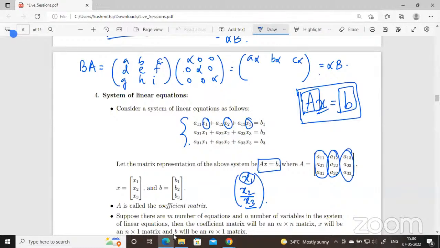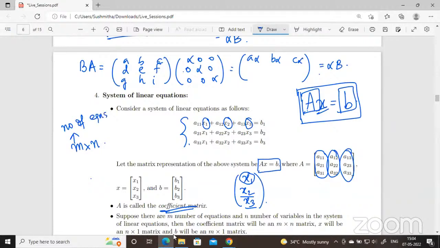The coefficient matrix A will be of order m cross n. What is m? Number of rows. In the system, what is it? Number of equations.